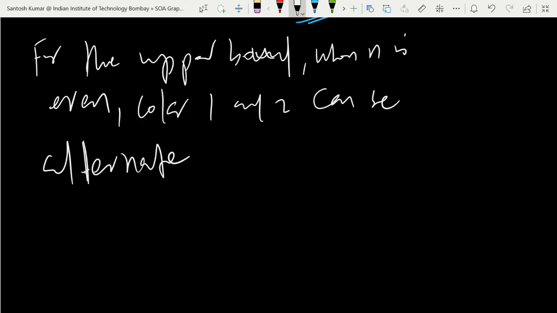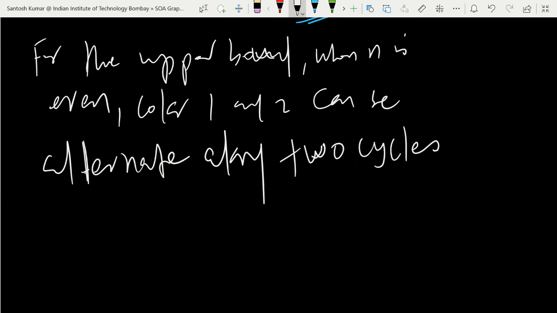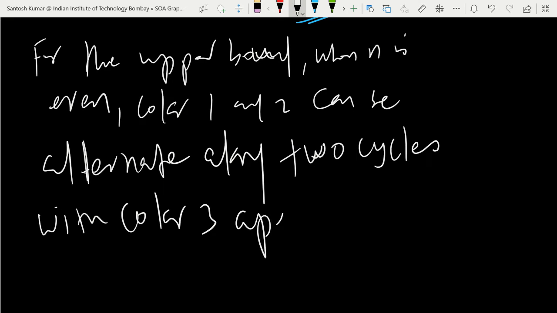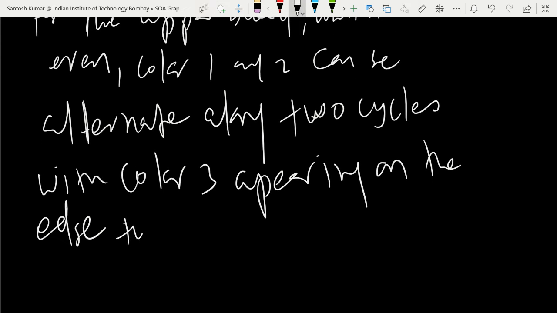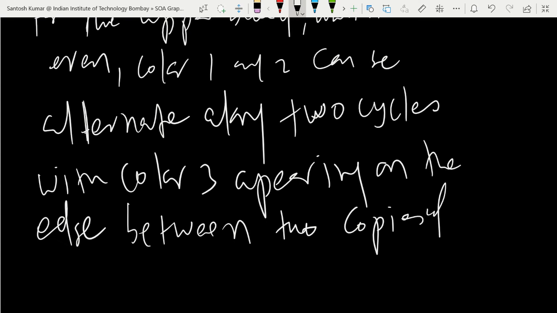If it is C6, then again, when n is even you can take colors 1 and 2 alternately along the two cycles, and with color 3 appearing on the edges between the two copies of Cn, the edges of K2.